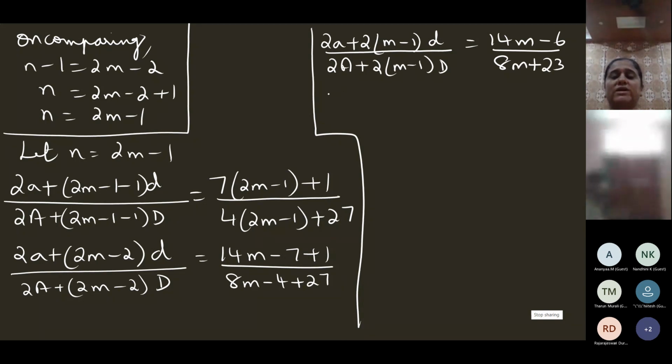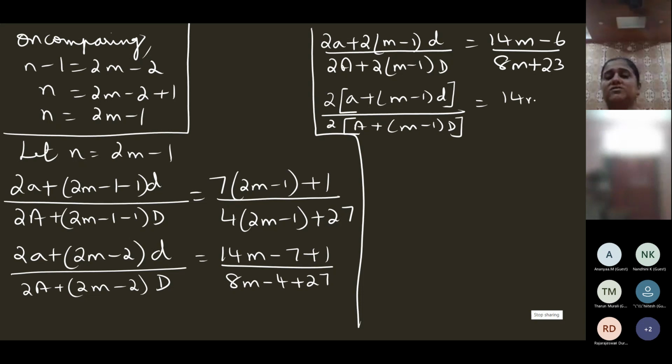Now take out 2 common in the numerator and denominator: 2 into a plus m minus 1 d. The RHS is already simplified. You just have to write it as it is.